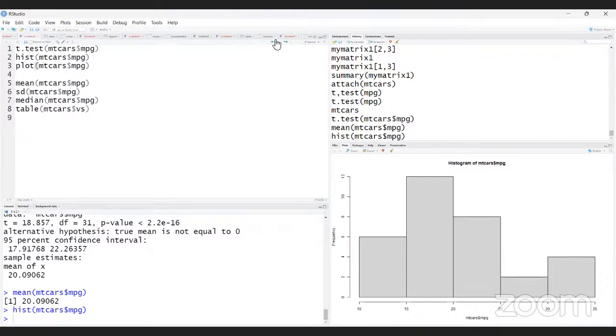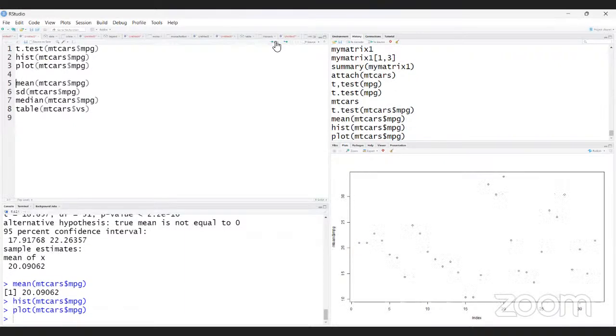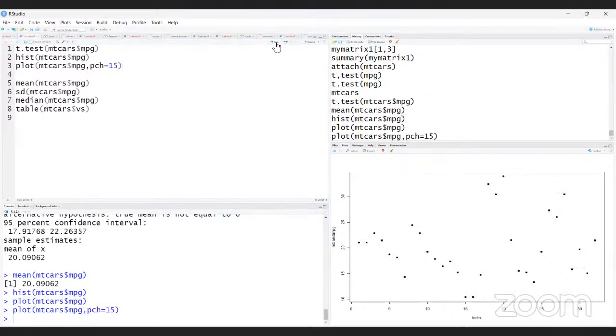After that, I run. Okay, I can do one thing, comma, pch equal to 15, so that it will be much more prominent. Then I run it.